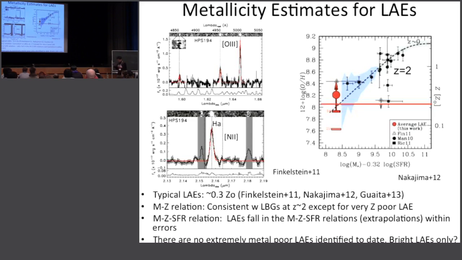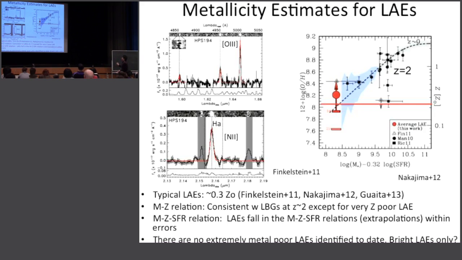So there are no direct temperature method measurements for the metallicity of Lyman-alpha emitters, but using the strong lines of H alpha, N2, and O3 5007, and so on, other people have estimated the metallicity of the Lyman-alpha emitters.